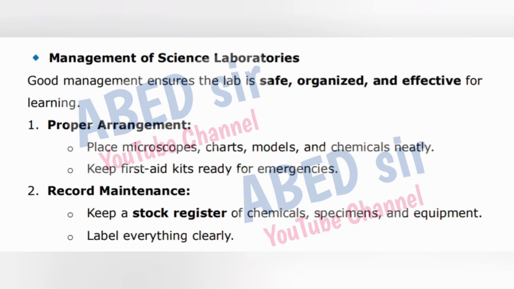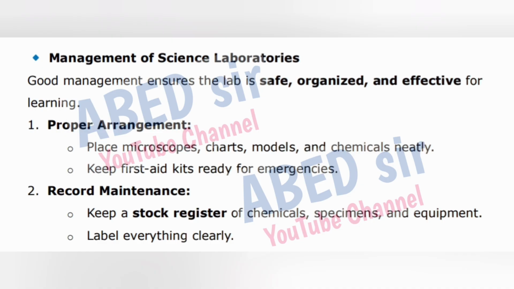Management of science laboratories. Good management ensures the lab is safe, organized, and effective for learning. 1. Proper arrangement. Place microscopes, charts, models, and chemicals neatly. Keep first aid kits ready for emergencies. 2. Record maintenance. Keep a stock register of chemicals, specimens, and equipment.